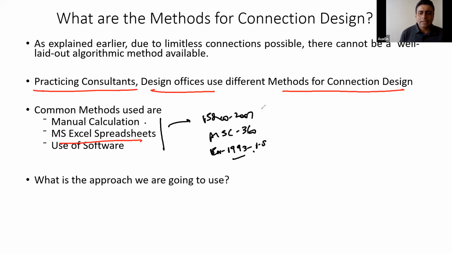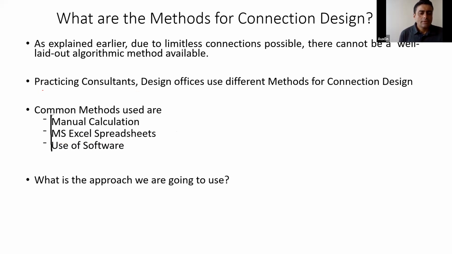Anyway, these are the approaches that you often see in the companies where I have worked, where my wife Akanksha and I worked. They used to go for spreadsheets. They had some predefined spreadsheets, so you had to put in the values, you got the result, and accordingly you had to provide the detail.